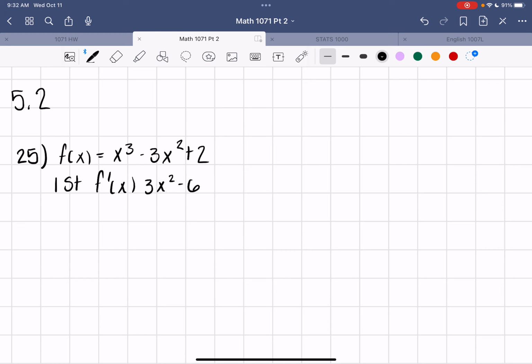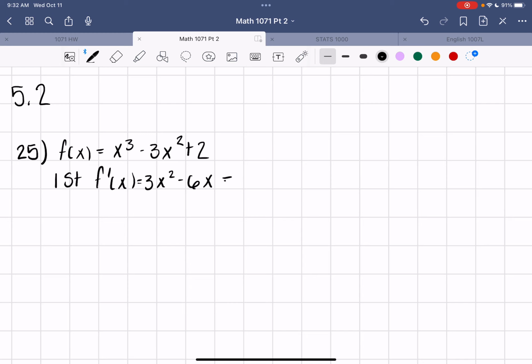And you want to set that equal to 0 to find your critical points. You could factor out a 3x, leaving you with an x minus 2. And you set that equal to 0. Do you see, a product is 0 only when the factors are 0? Do you see you got two critical points? X could be 0 or x could be 2.